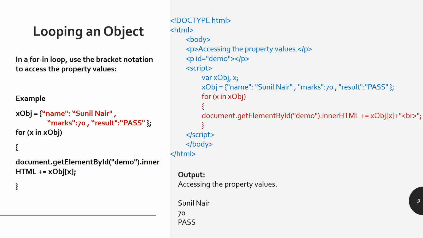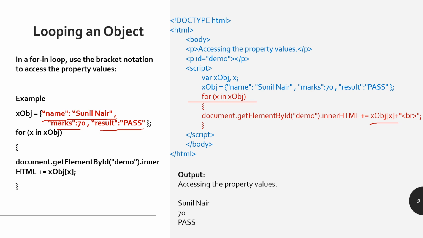Now we are going to discuss how we can display the content of an object using a loop. Here we used a for loop for that purpose, and assume this is the object we have, with name value pairs. We need to display each value one by one. This particular loop will keep on executing, and here x is the key, object of x.